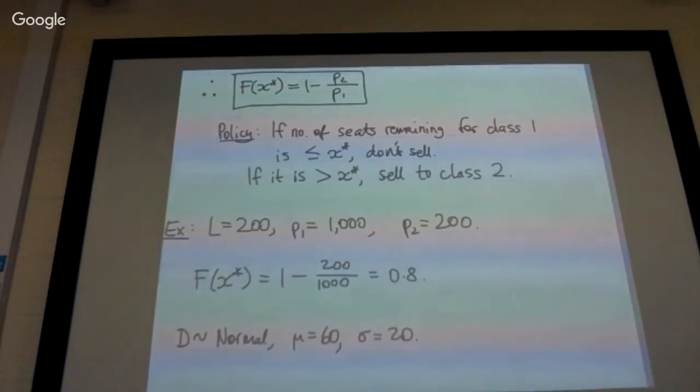So I want the probability that my demand is not going to exceed a certain number to be 0.8. So I want the probability that it is going to exceed it to be 0.2, and that's exactly what we found.